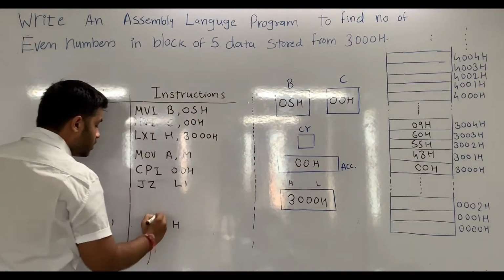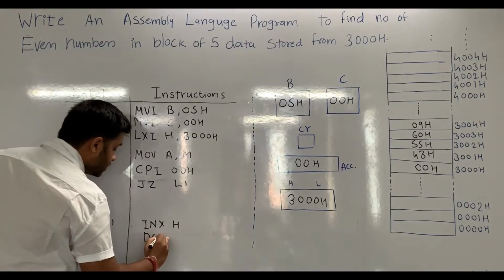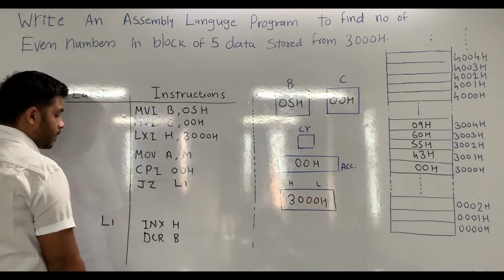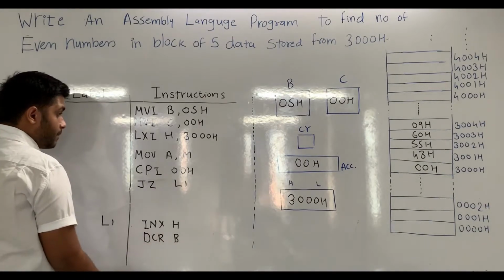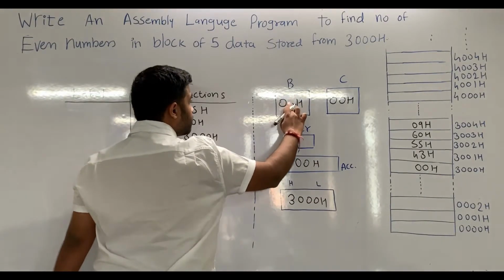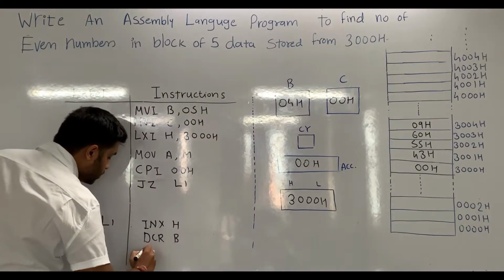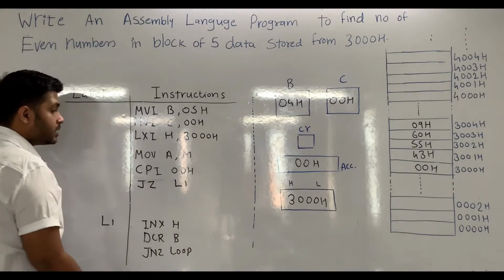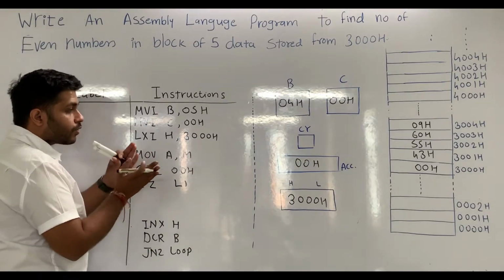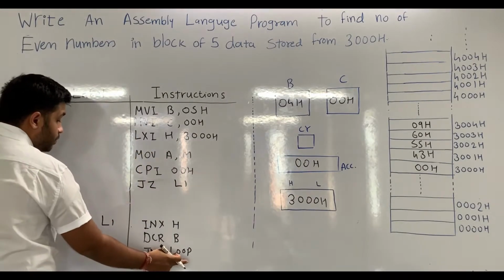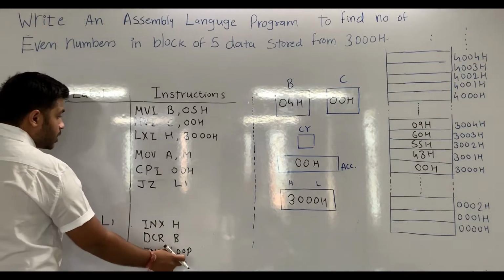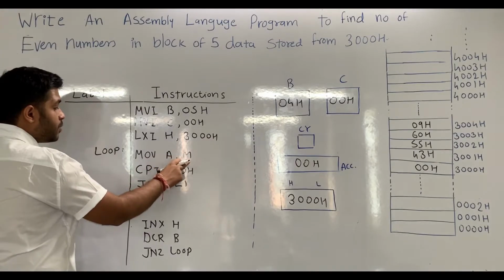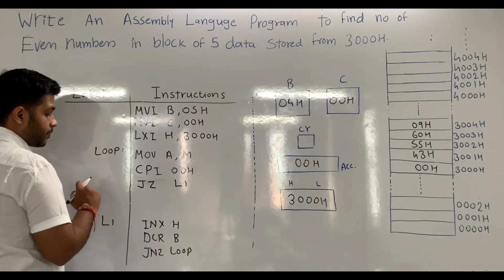So we will decrement register B, that is DCR B, so the value of B will be 4, and we will use the instruction jump if not zero to loop. It means one data is checked, now 4 data are remaining, so we will put this loop here. So now the data will be moved from the memory location to the accumulator.